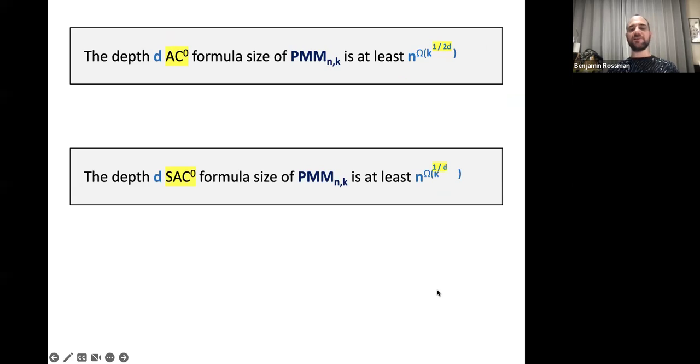The depth d AC0 formula size of PMM n,k is at least n to the k to the 1 over 2d, where the 2 comes from the square root. And for SAC0 formulas, we get tight bounds of n to the k to the 1 over d. Hopefully this gives some idea of what's in the paper.